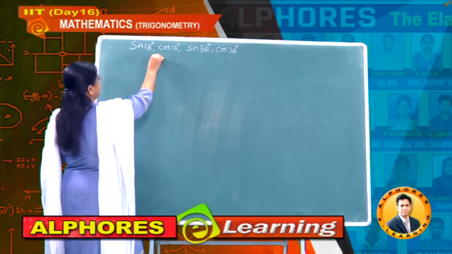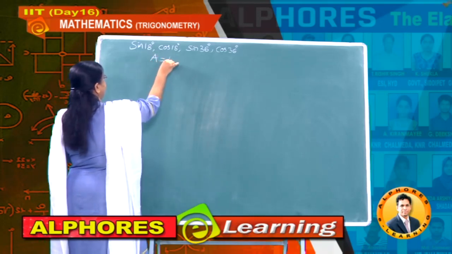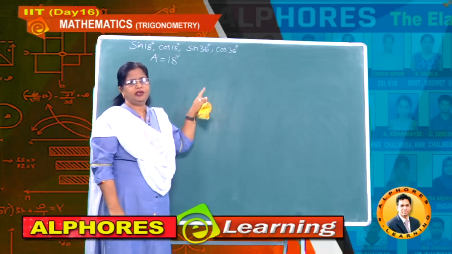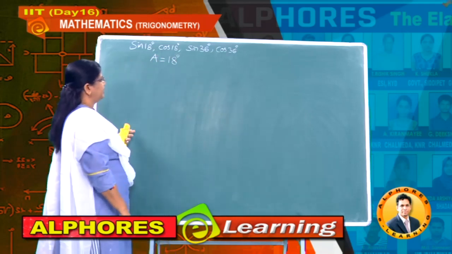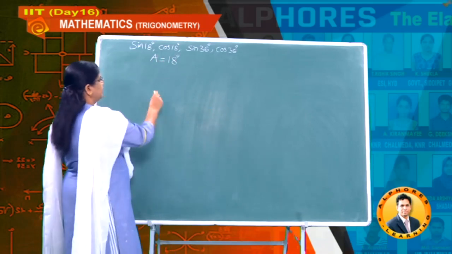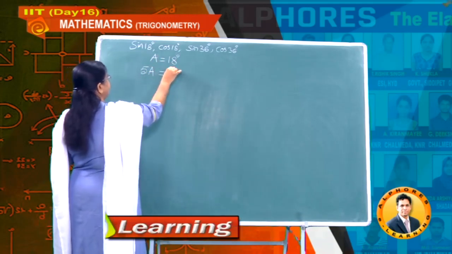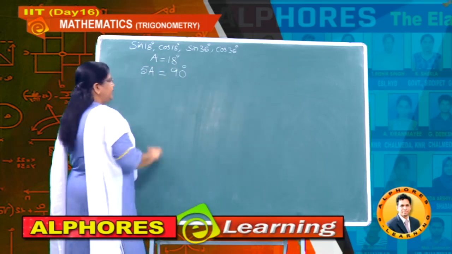Now let us take A equal to 18 degrees, which is an acute angle. Why we selected 18 specifically is, multiply by 5 and this becomes 90 degrees.